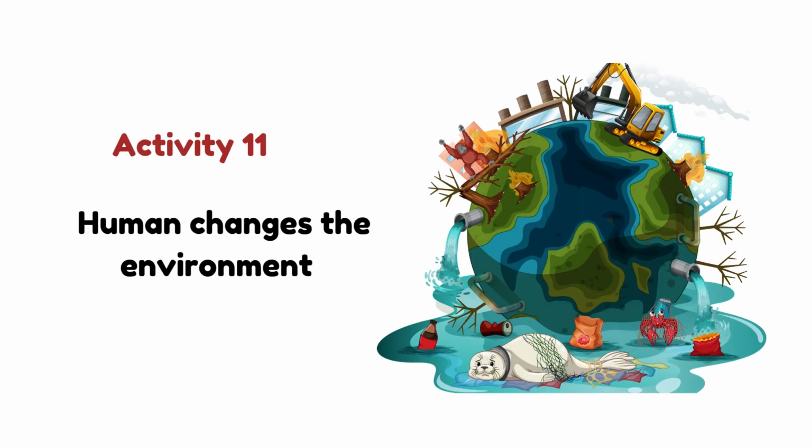We have activity 11. Human changes the environment. You know that the human really changes the environment. Okay, and there are some negative effects that the human cause in the environment, as we will see now.